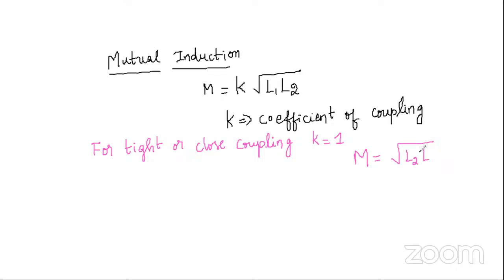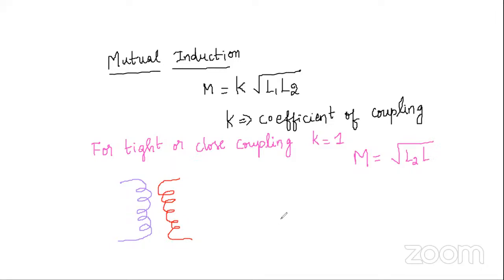So you can have various ways in which you can couple the two coils. Let me draw it here for your better understanding. You can have the primary coil like this and the secondary coil like this. This is one way of coupling, that is normal coupling, which means the planes are parallel.